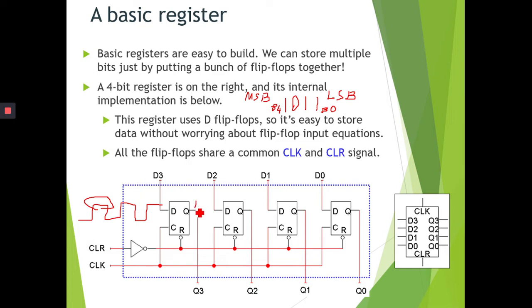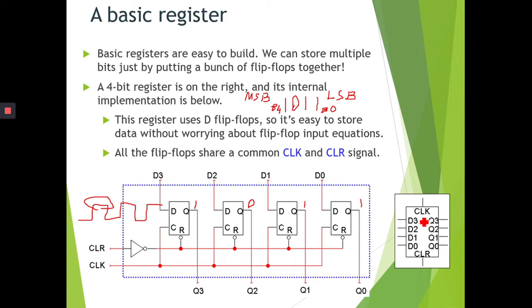So Q3 is going to be 1, Q2 is going to be 0, Q1 is going to be 1, and Q0 is going to be 1, based on the data that we feed in. So Q3, Q2, Q1 and Q0 now become 1011.